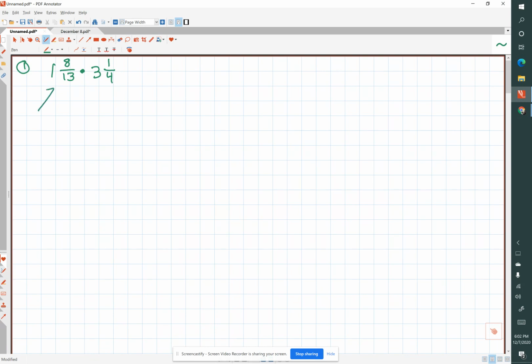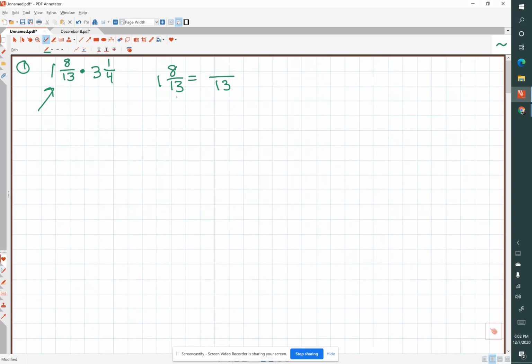So let's look at the 1 8/13. We're going to convert that to an improper fraction. An improper fraction is a fraction where the numerator is greater than the denominator. An improper fraction always represents more than 1. So we have 1 8/13. The denominator will always stay the same.